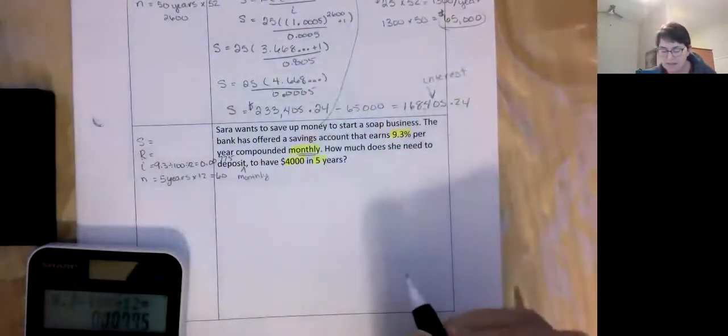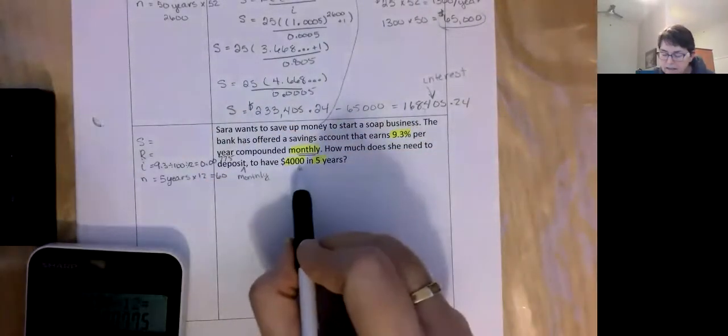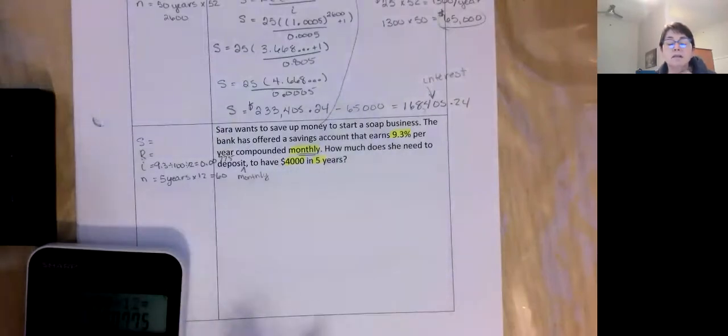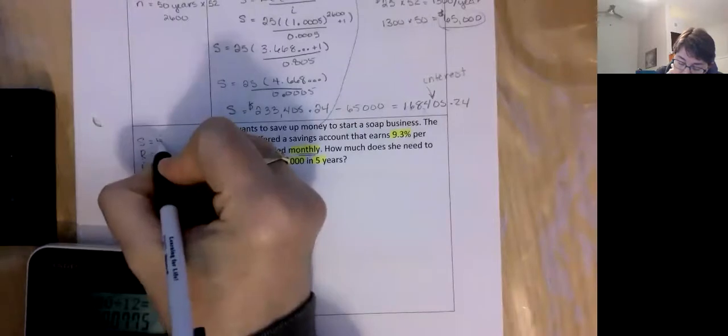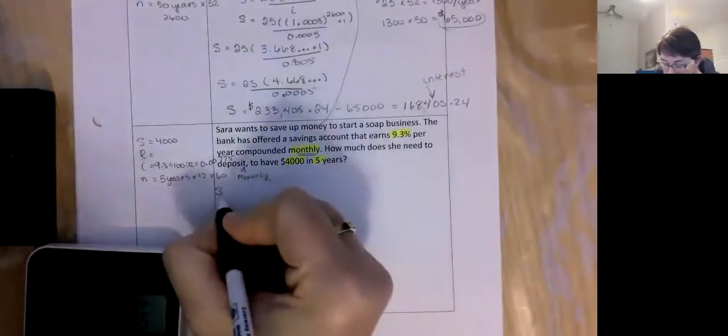Maybe I should have left myself more room. Now, is she depositing $4,000 every month, or is that how much she wants at the end? Yes, that's how much she wants at the end. So that goes here. All right, let's throw it in our formula.